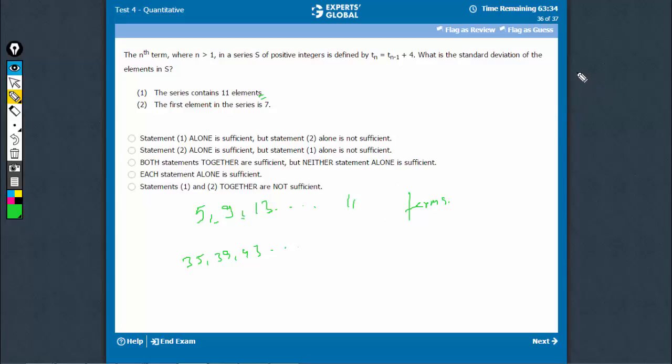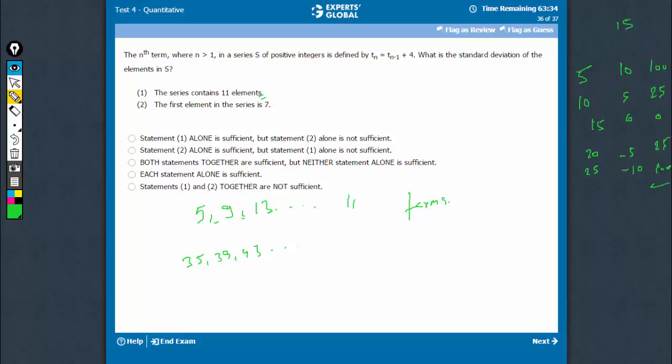The standard deviation is calculated, say for example the terms are 5, 10, 15, 20, 25. First of all, the average is calculated, 15, and then the difference between the average and each term is calculated. So 10, 5, 0, minus 5, minus 10, and then these are squared up: 100, 25, 0, 25, 100.